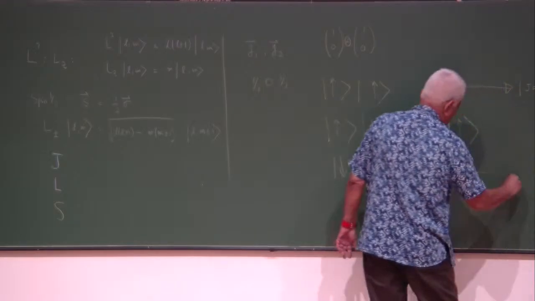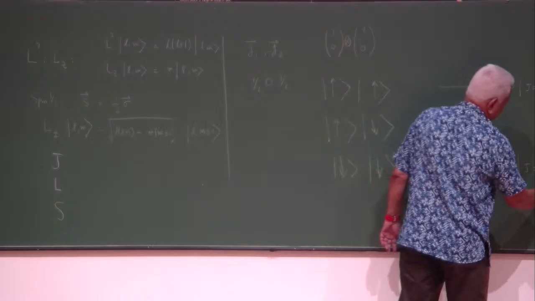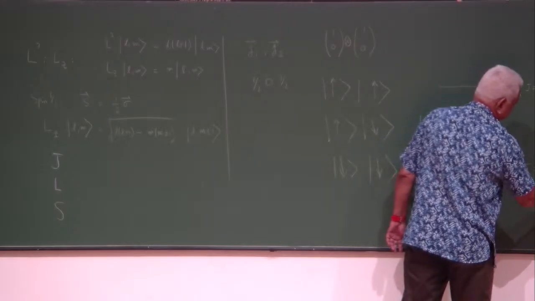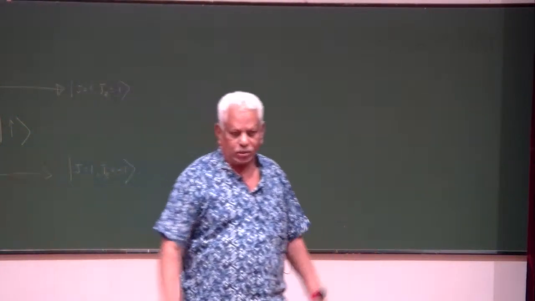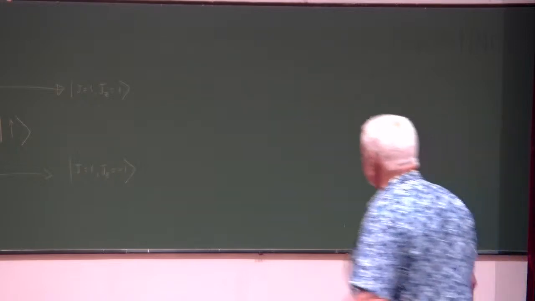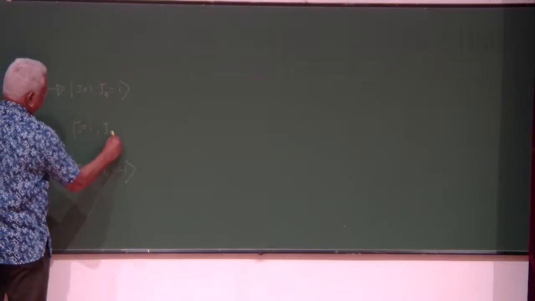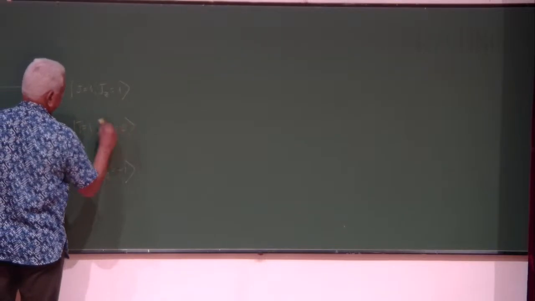And this one corresponds to J is equal to 1, Jz is equal to minus 1. These two, there is no ambiguity at all. There is only one state with plus 1 and minus 1. But there are two states here. One of them must correspond to J is equal to 1, Jz is equal to 0. Okay? That will be there. Now the question is which one? Which one?